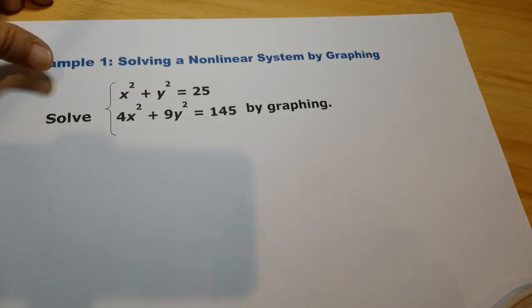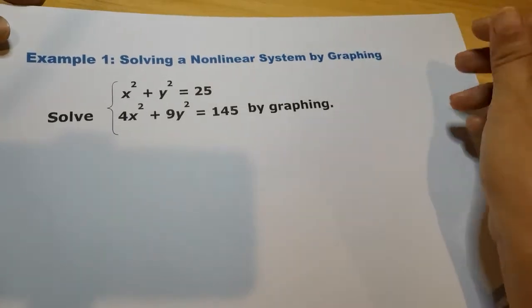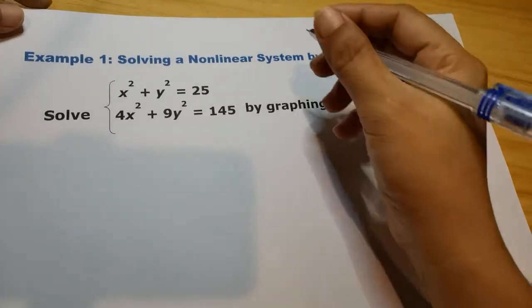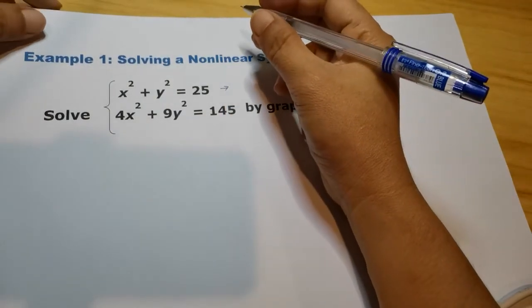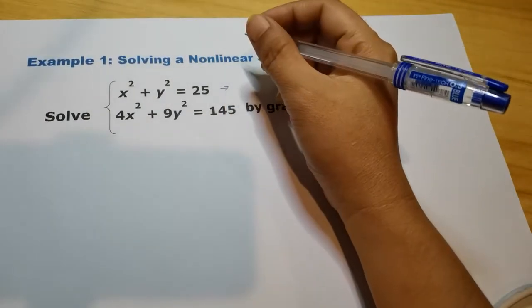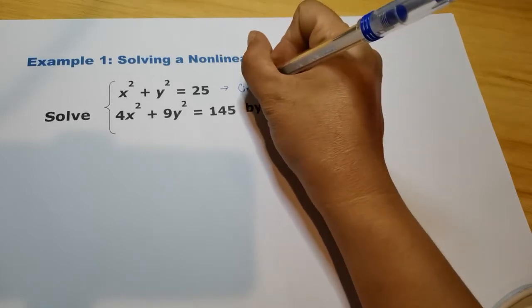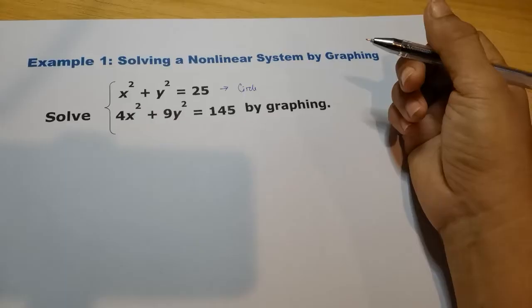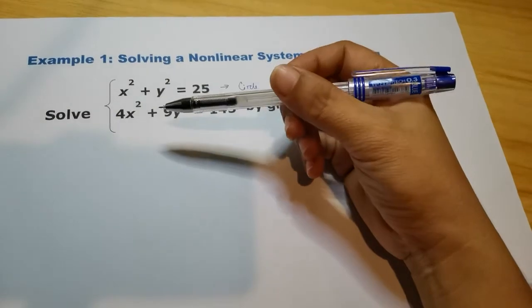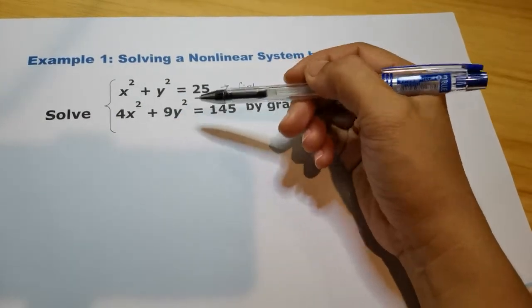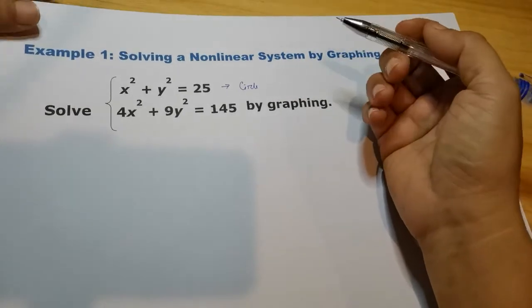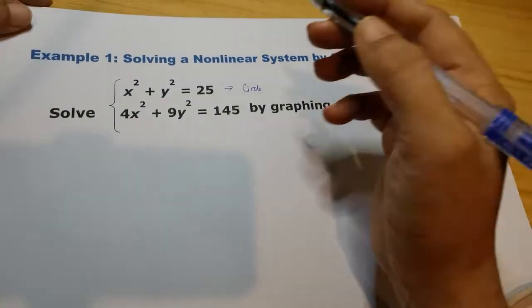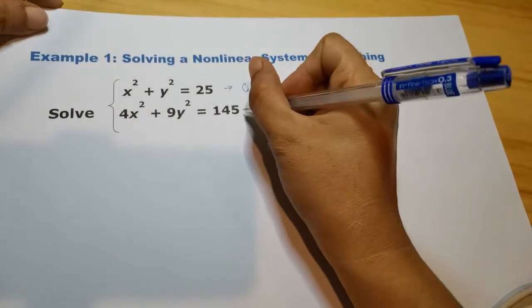Now we have x squared plus y squared equals 25, and we all know that this represents a circle. Then we have 4x squared plus 9y squared equals 145. What conic section is represented by this equation?